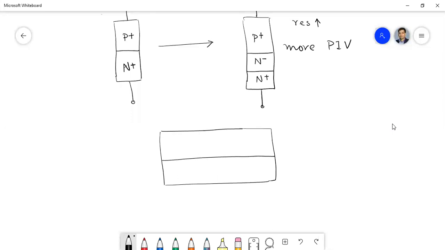One is N plus substrate and N minus substrate. In that you have a very small layer of P. So this is your P plus. Okay, and this is your anode. This is the cathode.